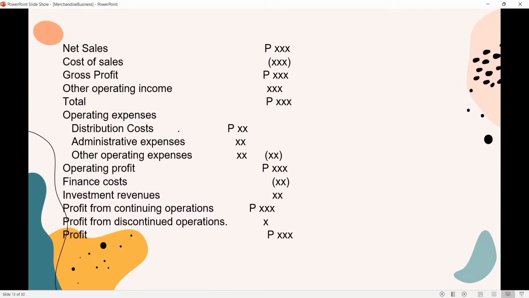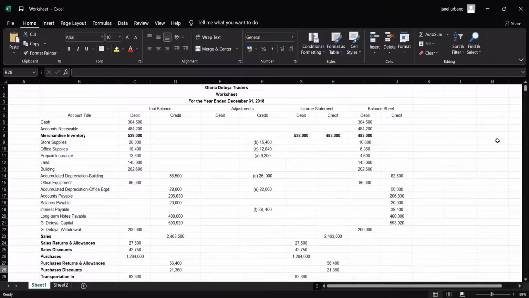So, yung next, yung Excel na. So first, let's go to the worksheet. First is the account title. So cash, accounts receivable, merchandise inventory, store supplies, office supplies, prepaid insurance, land, building, are assets.